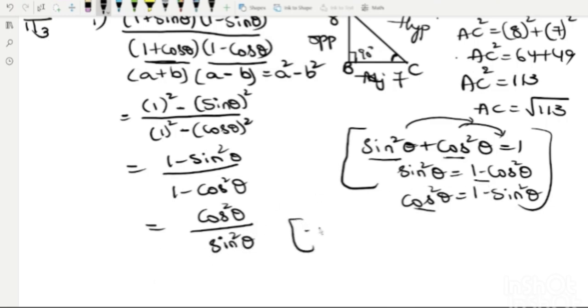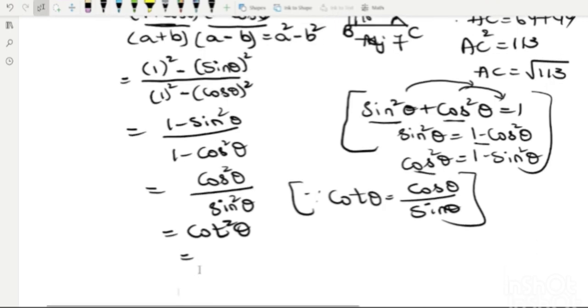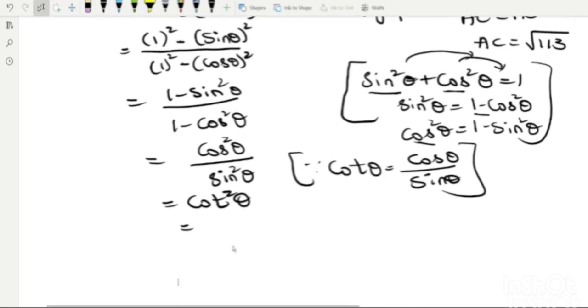We know that cot theta equals cos theta divided by sine theta. Now you can write this as cot square theta. In the given question, the value of cot theta is 7 by 8, whole square.